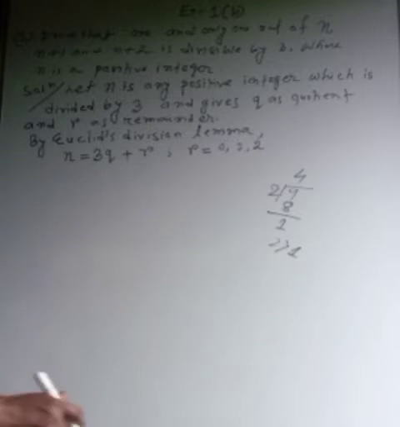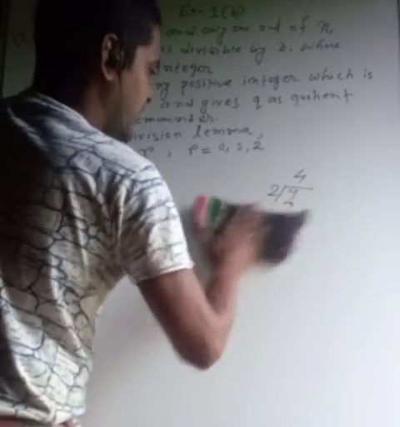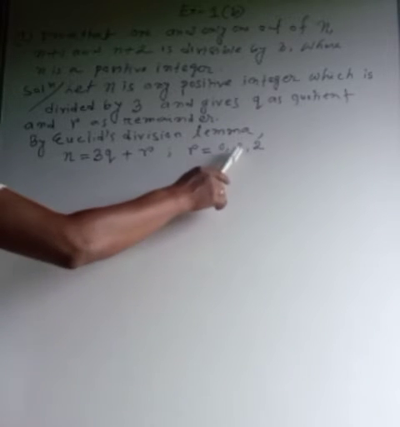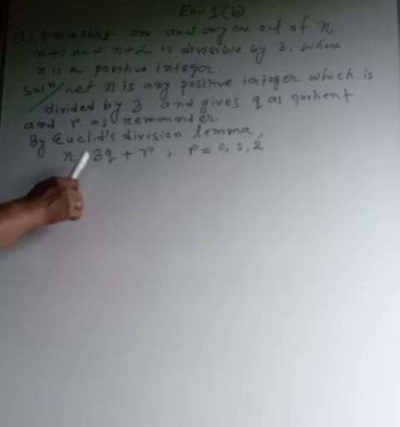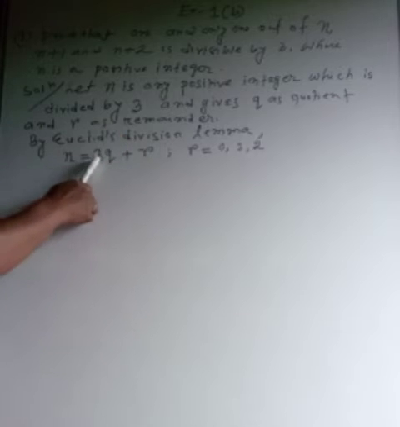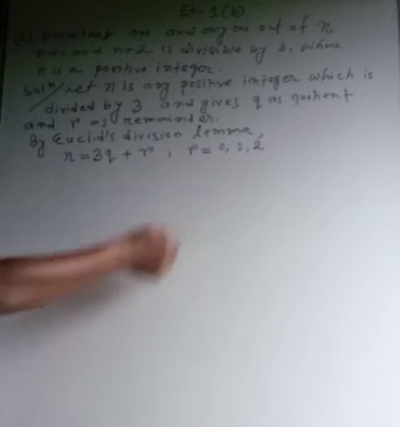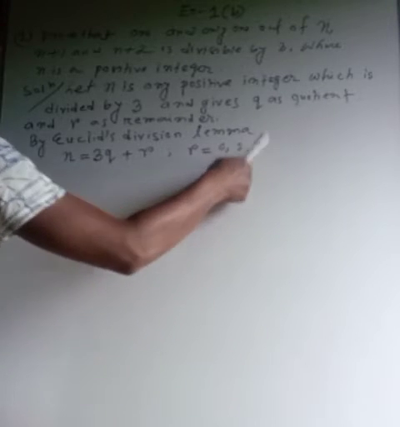We have to check according to this question. You can ask why the r value is 0, 1, 2. Because the remainder should be less than the divisor. The divisor is 3, by which we have to divide, so the remainder will be less than 3, which means 0, 1, 2.